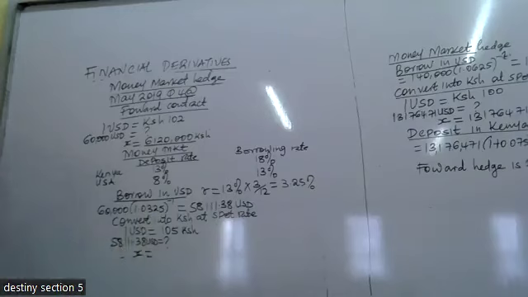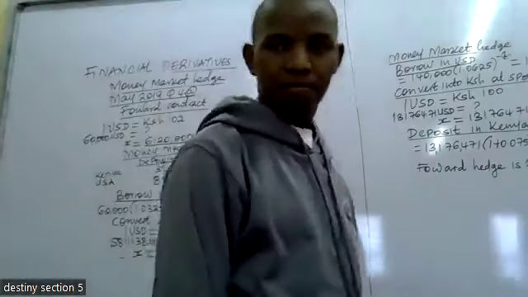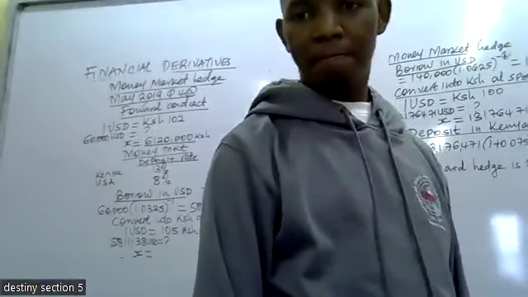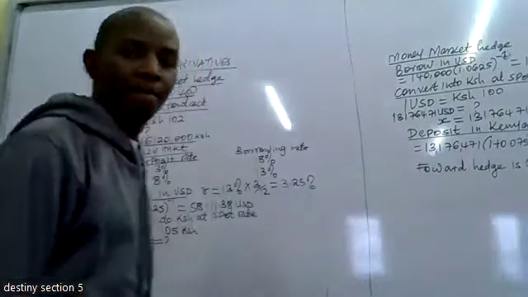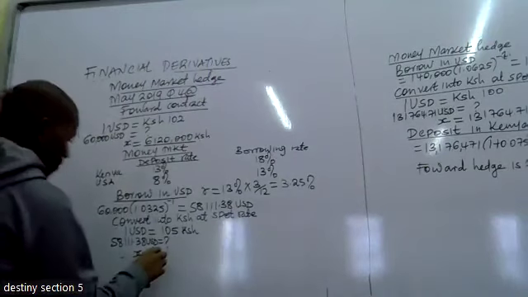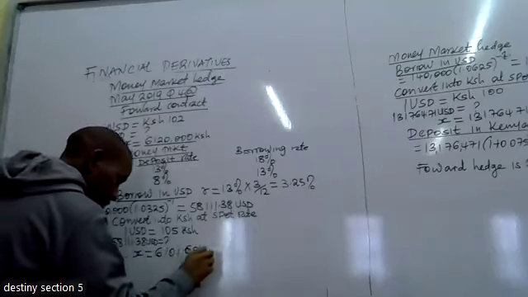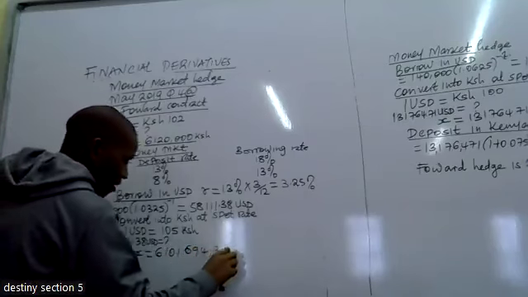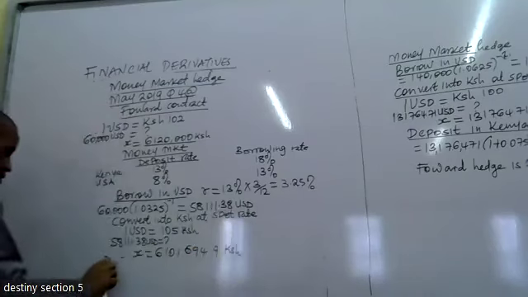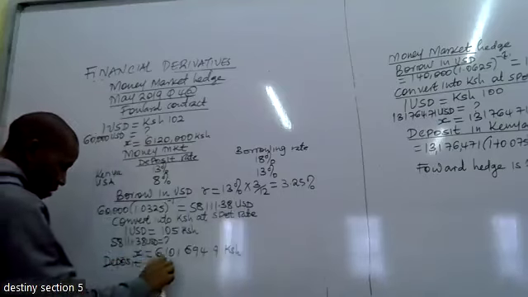And now multiply by 105. That gives 6,101,694.9. These are Kenyan shillings. So we deposit into a Kenyan bank.